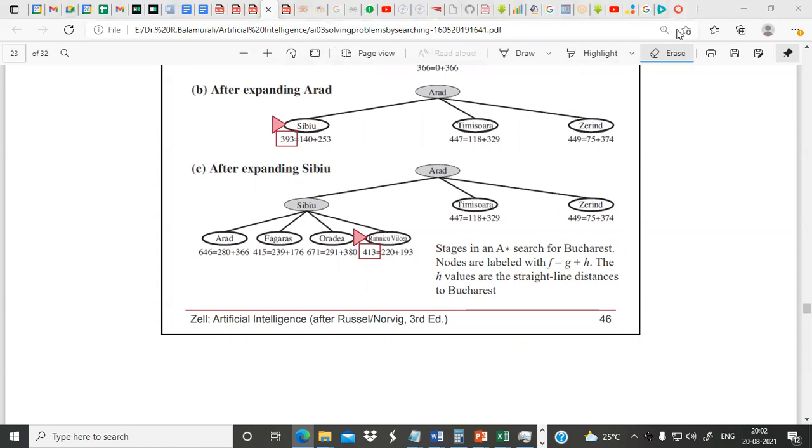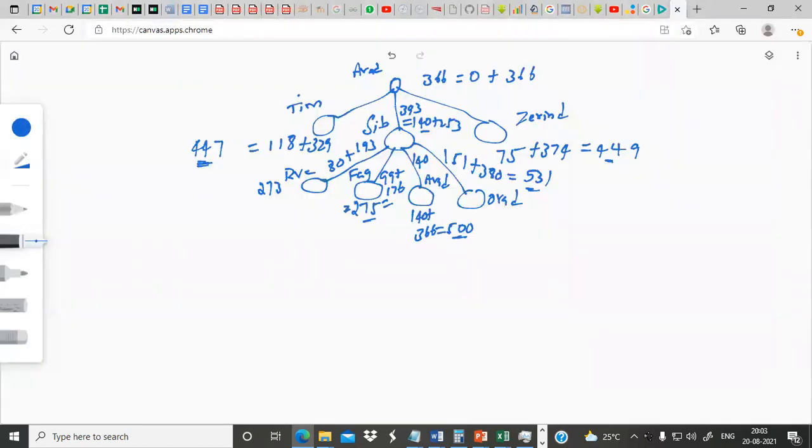That should be added because we cannot ignore it, since we are reaching here via this path only. So this is the actual cost of reaching from the initial state to the current state. It is not only from the previous state to the current state.